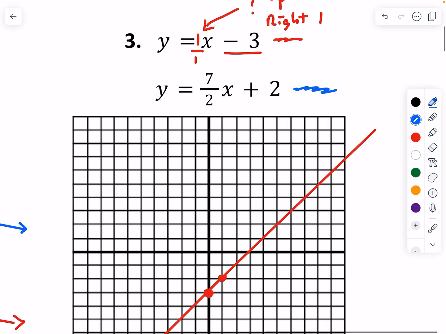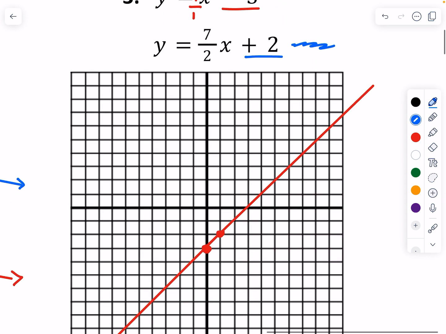I'm going to start with my +2. Go up 2. Make a dot. Then I'm going to use my slope, and I'm going to go up 7 and right 2. 1, 2, 3, 4, 5, 6, 7, and right 2, 1, 2.